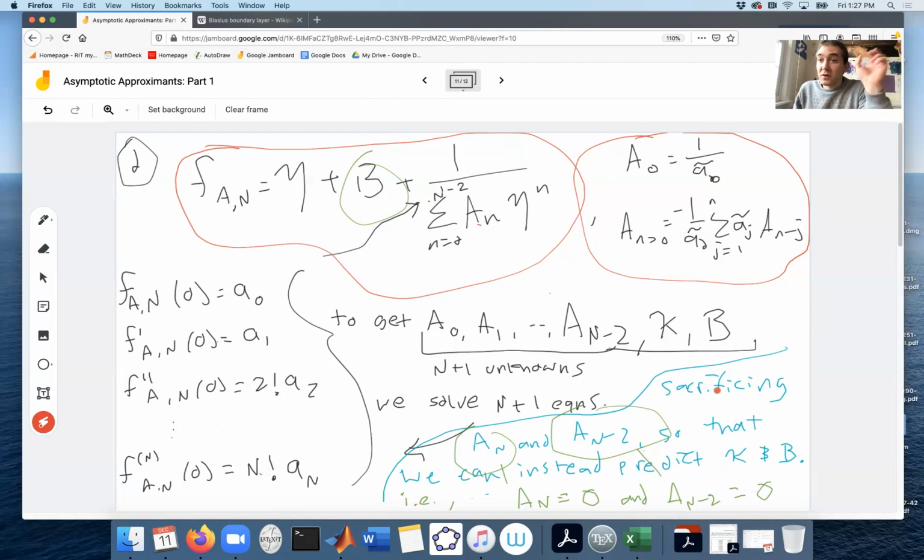So we set those two equations equal to 0. We have two equations that will be only functions of kappa and beta. Two equations, two unknowns for kappa and beta. So just pause if you want to think about that, or rewind and watch this a little bit more. I'll try to say this a few other ways though.